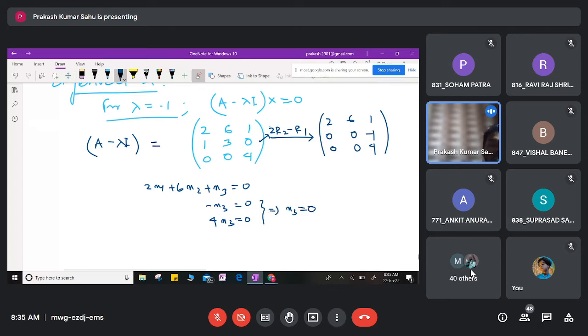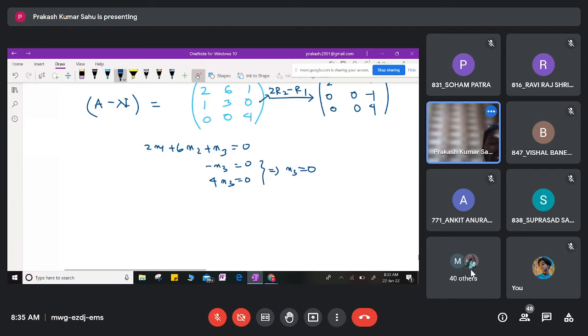If x3 is equal to 0, from equation 1 we get 2x1 plus 6x2 is equal to 0. So that implies x1 is equal to minus 3x2.